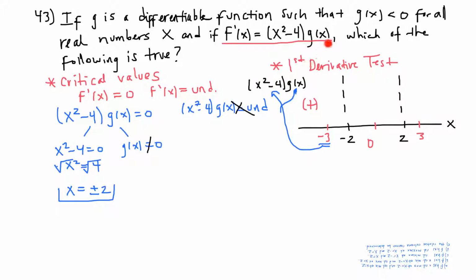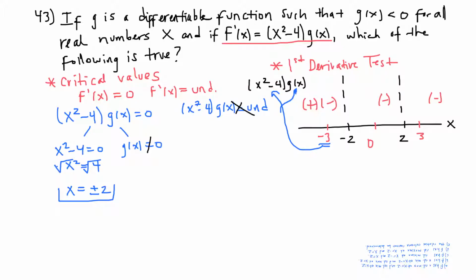Well, remember, g of x is less than 0 for all real numbers x, which means it doesn't matter what x you plug in, g of x is always going to be less than 0 or negative. So that makes it easier, because then I can say, hey, g of x is always going to be negative. So now just worry about the first factor, x squared minus 4.